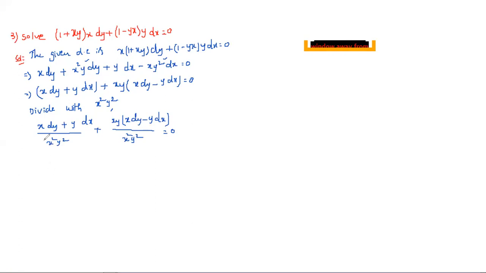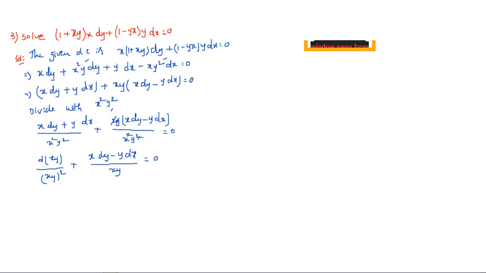Now, can you observe this? Can I write this as the derivative of xy? The derivative of xy is, by the uv formula, x dy plus y dx, divided by xy whole squared. Now plus, one xy and one xy cancel, and what remains is (x dy minus y dx) by xy, equal to 0.